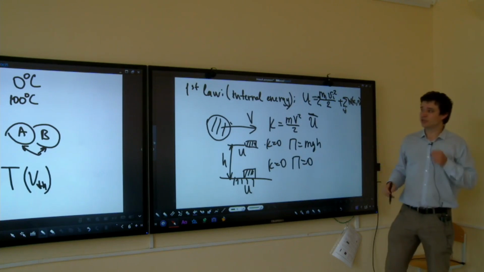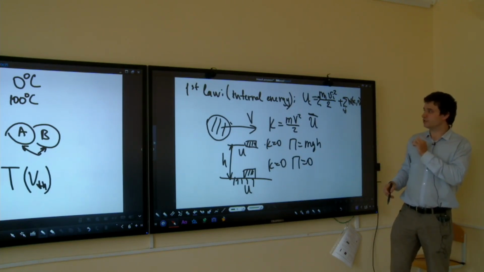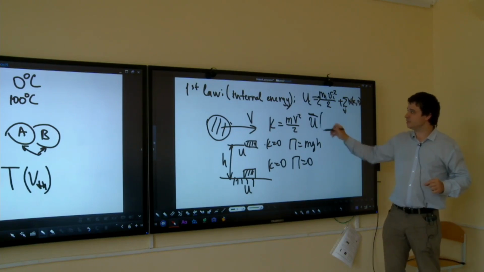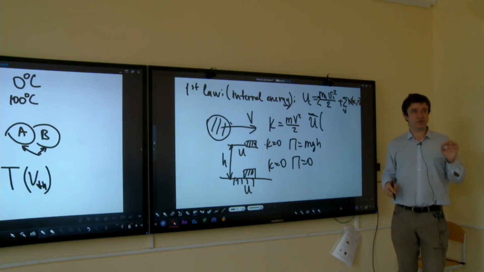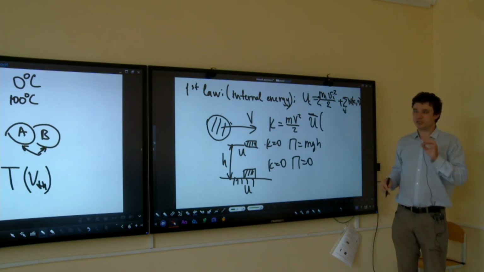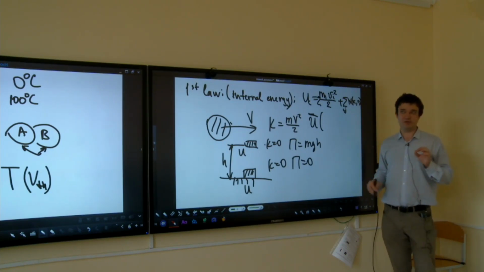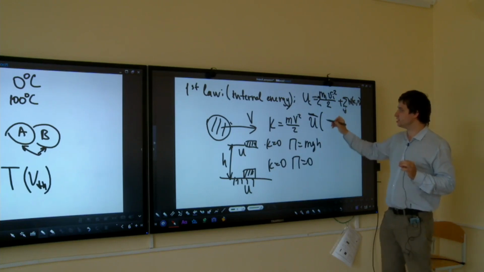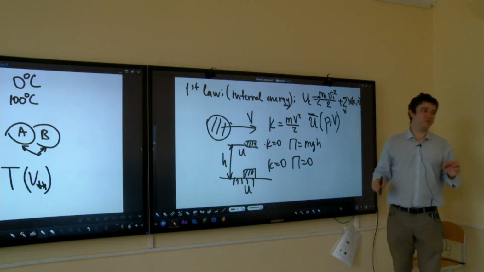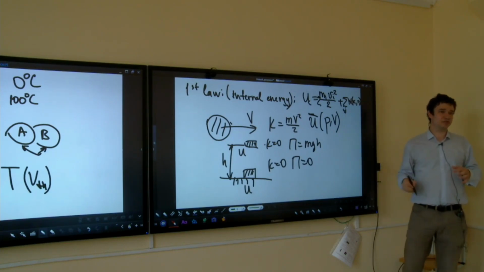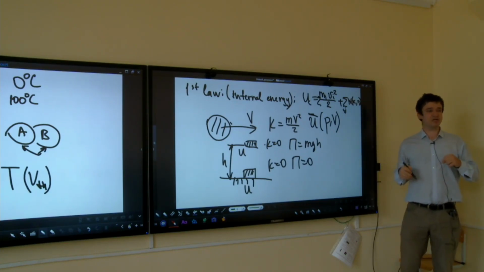Of course, this average is taken when the system is in equilibrium, and this energy is a function of macroscopic values which describe the state of the system in thermodynamic equilibrium.